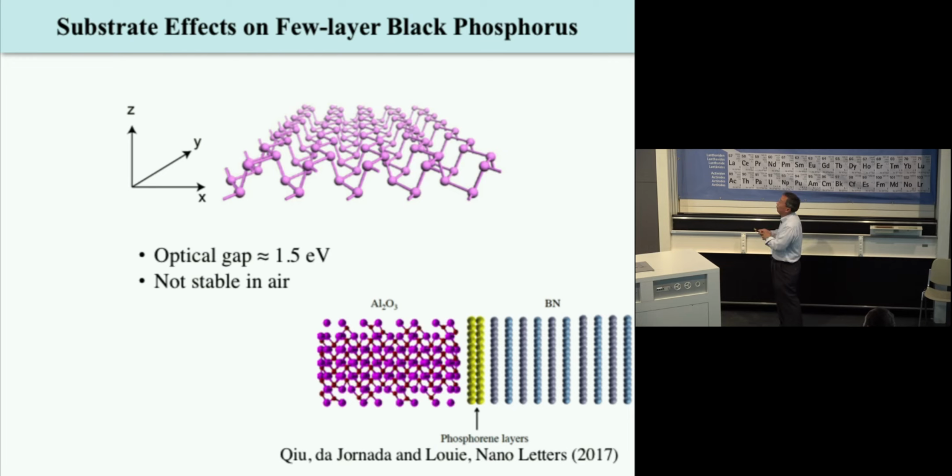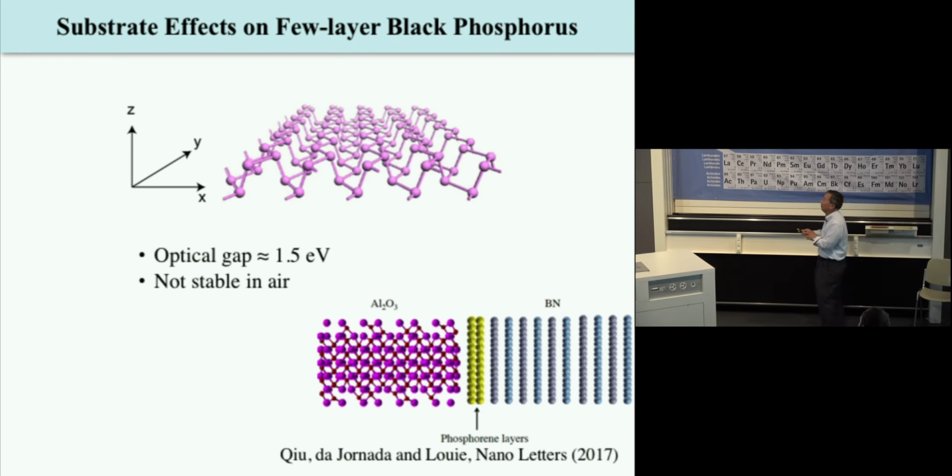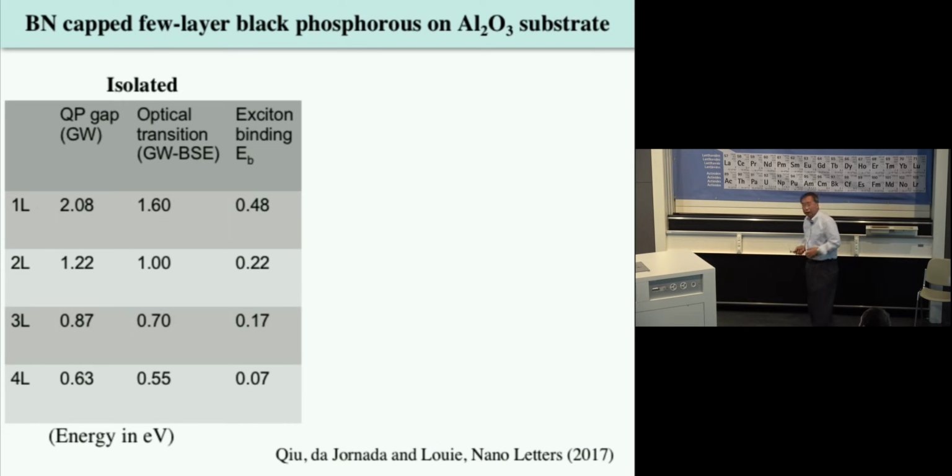This is a case of black phosphorus. People are very excited about this material because a single layer of this black phosphorene has an optical gap of 1.5 eV, very nice. But the material is not stable in air.